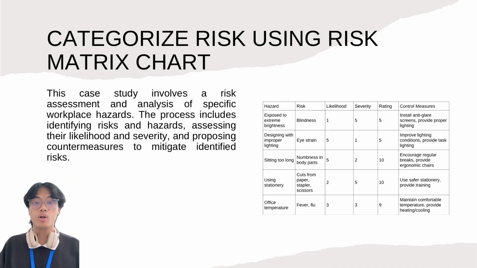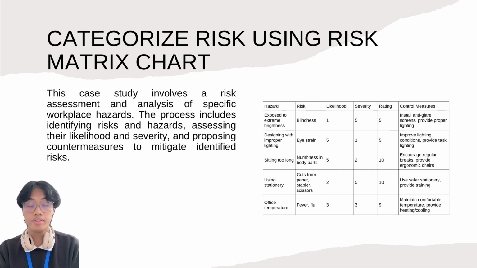After I complete the risk matrix chart, in the next step, I will categorize it accordingly. In this part, I put the rating based on the risk matrix chart in the table. As you can see here, the first hazard listed is exposure to extreme brightness and the rating for this is 5.